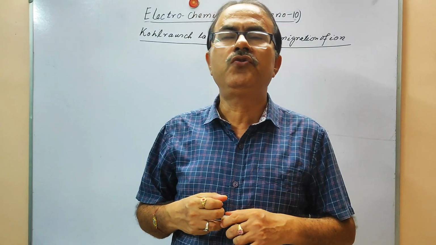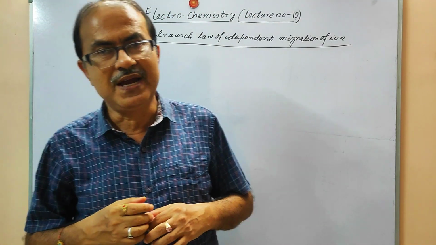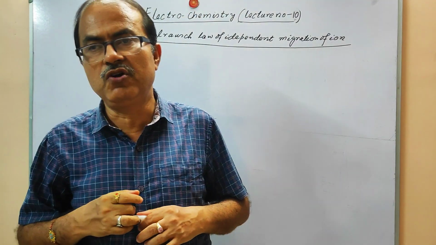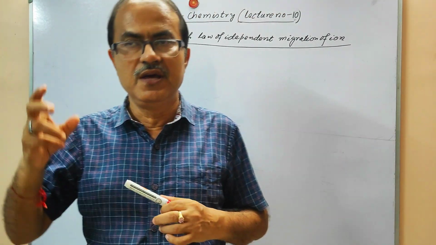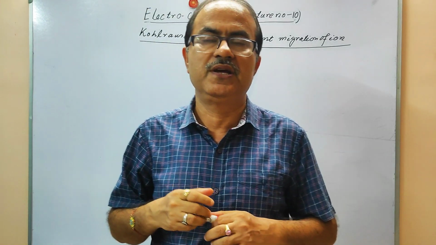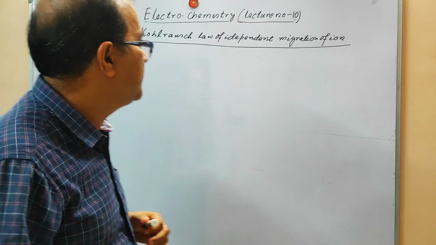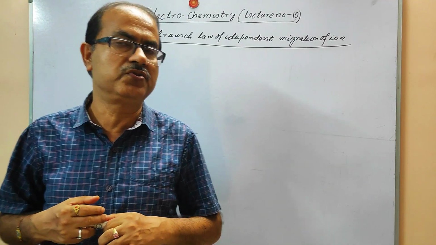In weak electrolytes, what happens at infinite dilution? At that time very few ions are available, and the conductivity of the solution is very difficult to measure. And in this regard, the Kohlrausch law of independent migration of ions is going to help us.